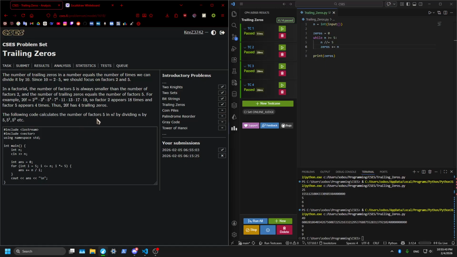So we focus on the number of 5s. The number of trailing zeros equals the number of factors of 5. The following code calculates the number of factors of 5 by dividing n by 5, 25, 125.